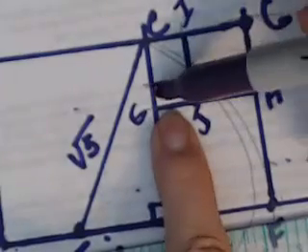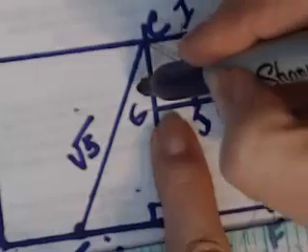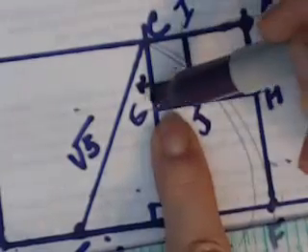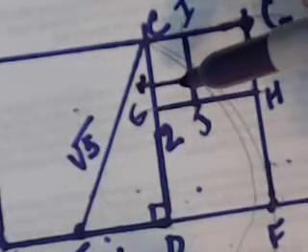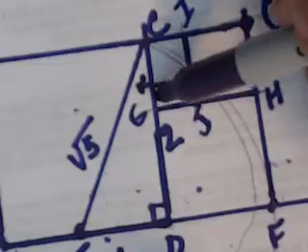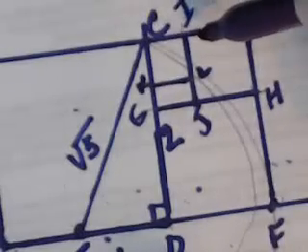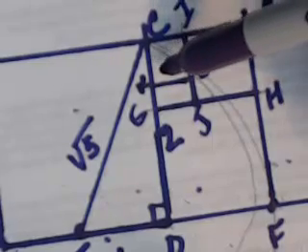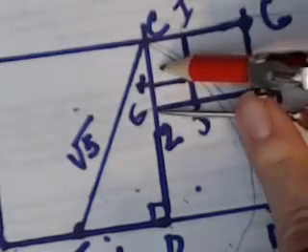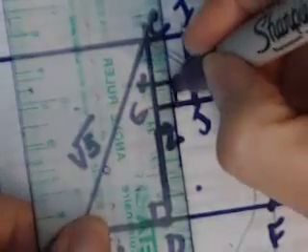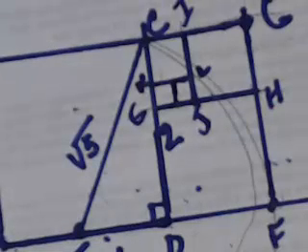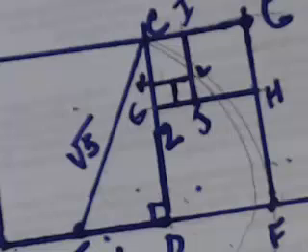And if I take out the square that is whatever, LJ, I now have the setup for making a golden spiral.